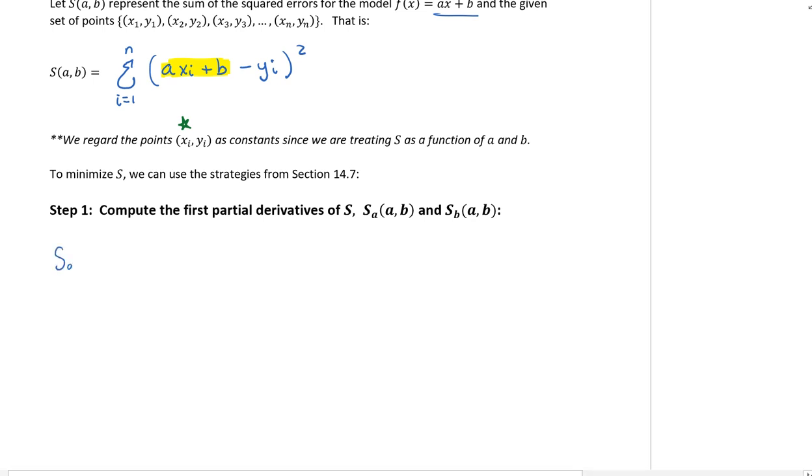So let's take the partial derivative of s with respect to a. If you recall from last year, or Calculus 2, when we have series like this, we can take the derivative and the integral of the stuff inside of a series.